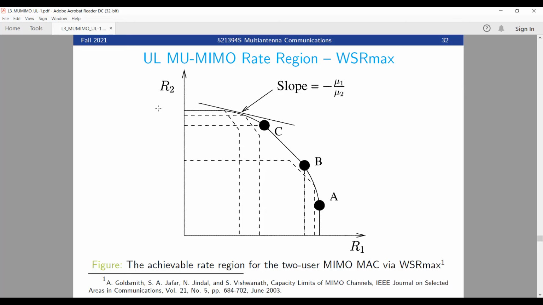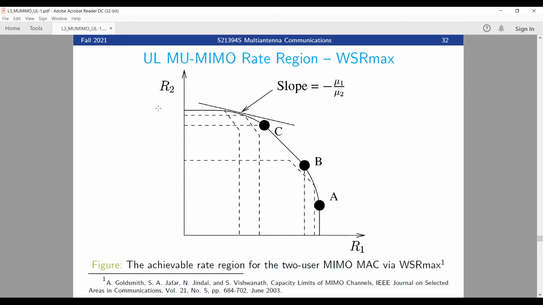So now the way to find this rate region is to just make a sufficiently fine grid of different ratios, starting from close to 0 to close to 1, and solve the weighted sum rate maximization problem. We know these two end points already just by solving the single user capacity, SVD. Right? These points are easy.